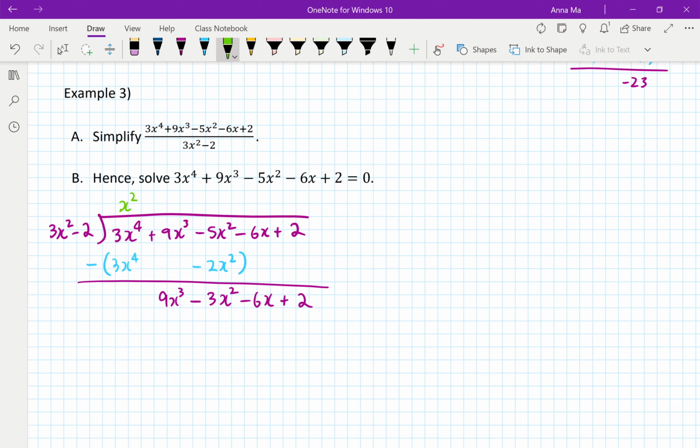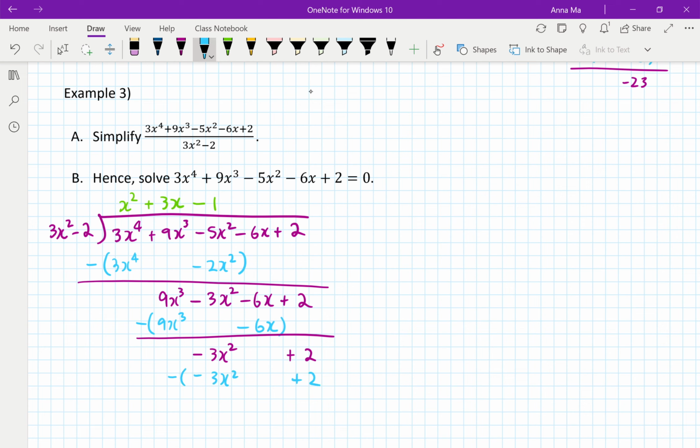Matching again, I'm going to need plus 3x, which gives me 9x cubed minus 6x. Trying to put it in the right column. That's going to give me negative 3x squared, cancel away, plus 2. And to match that, I need a negative 1, which gives me negative 3x squared plus 2.